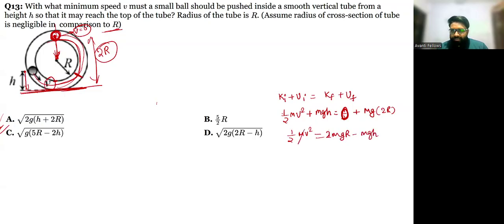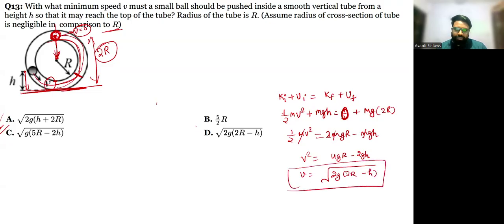The m and m will cancel out from both sides, so we have v² = 4gr − 2gh. v is nothing but the square root of 2g, which you can take common, so it becomes square root of 2g(2r − h). Option D is the correct one.